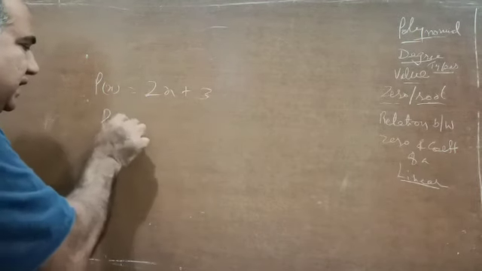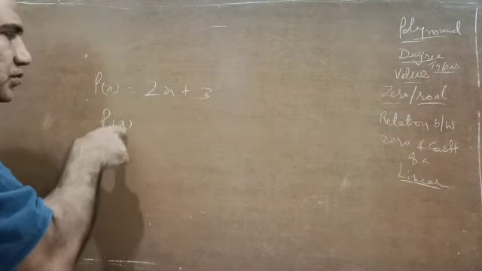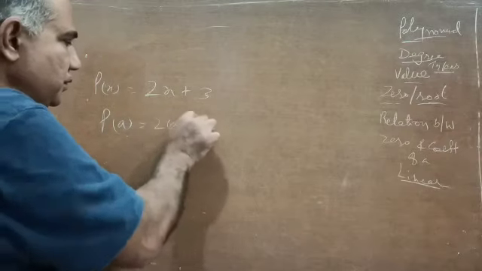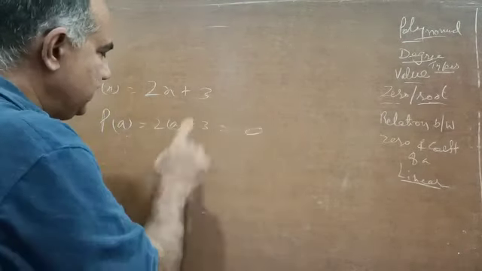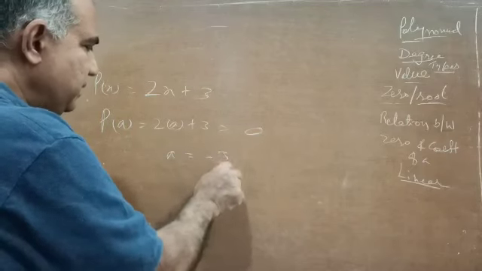If a is the zero, wherever x is there, if you put a, this should reduce to 0. So with this, you can see that a is minus 3 by 2.